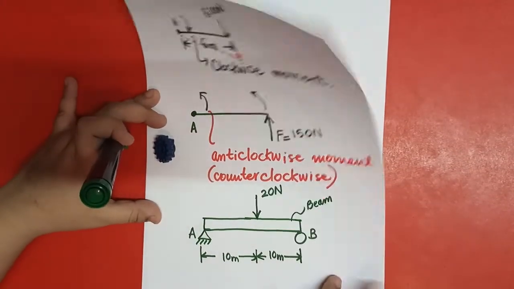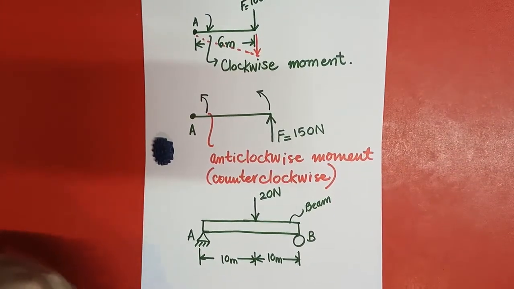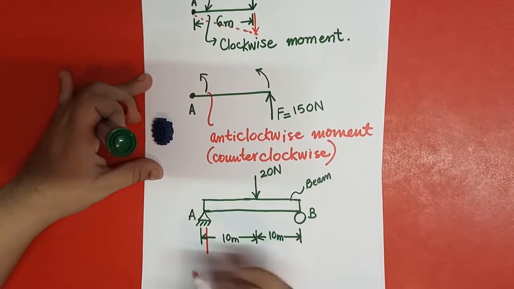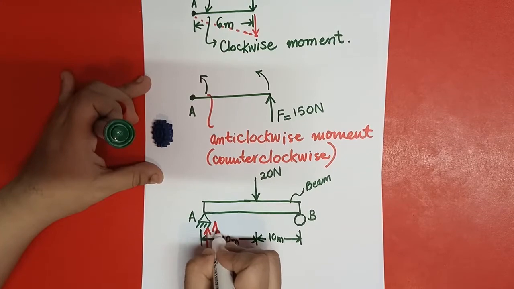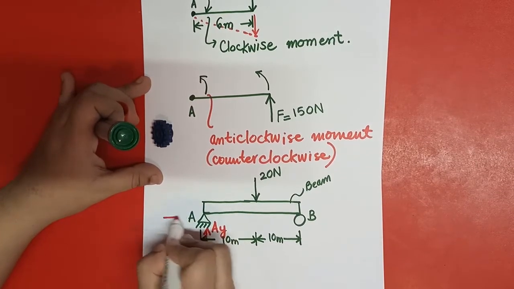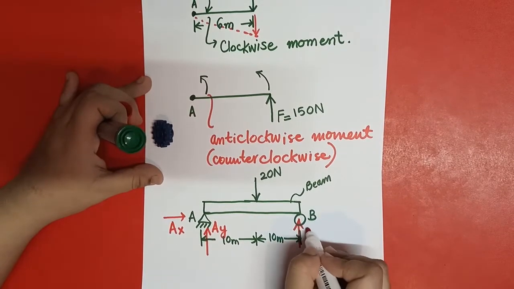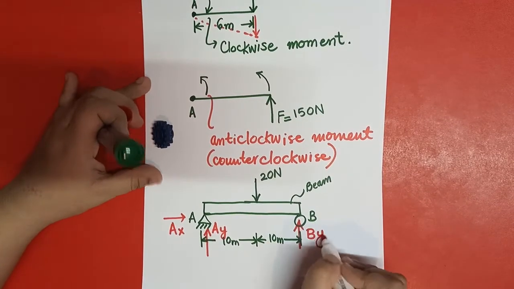Now I have to draw support reactions. At the hinge support I have two forces, AY and AX, and there is only one force at the roller support, so this is BY.